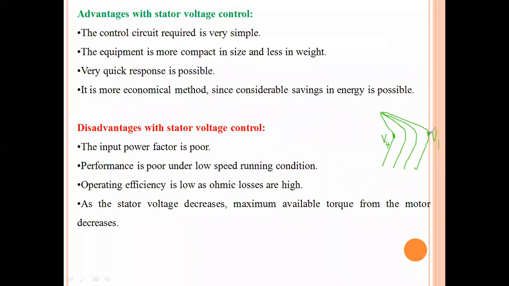Now you can see the maximum torque of V1 is very high compared with the maximum torque of V4, because V4 is very much less than V1. So this is also one of the major disadvantages. The maximum torque capability of the induction motor gets reduced because of the stator voltage. If we decrease the stator voltage, then the maximum torque production capability of that induction motor is going to reduce. So all these are the different disadvantages of stator voltage control. Okay, thank you.